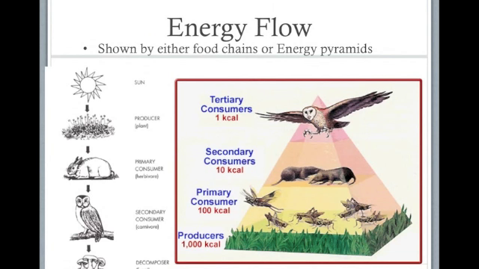The producers are then eaten by what's known as the primary consumers, often the herbivores. They can also be omnivores. And then the primary consumers are eaten by the secondary consumers, which kind of makes sense. Primary is first, secondary is second consumer, and they get the energy from that primary consumer, or the rabbit, and then the decomposers kind of bring everything back.